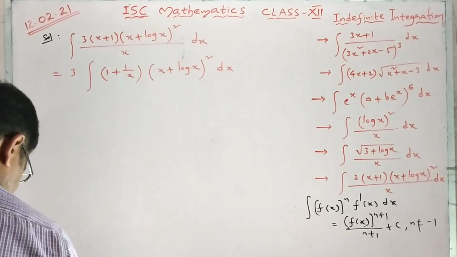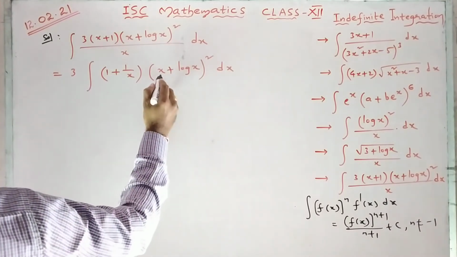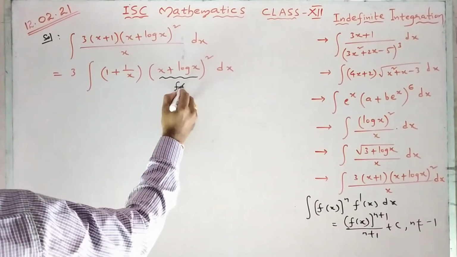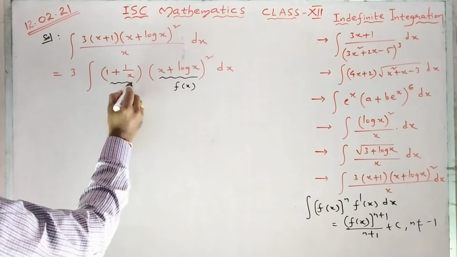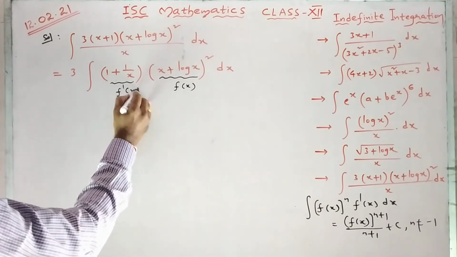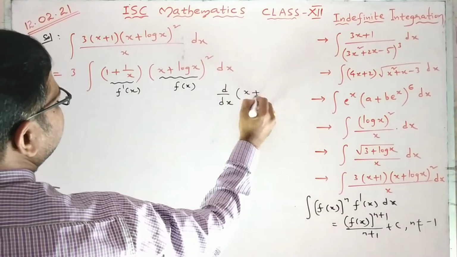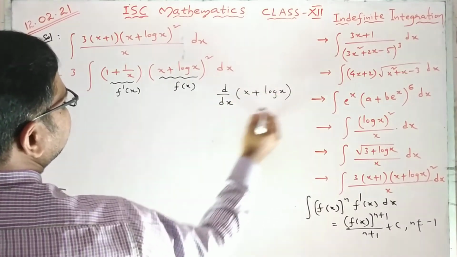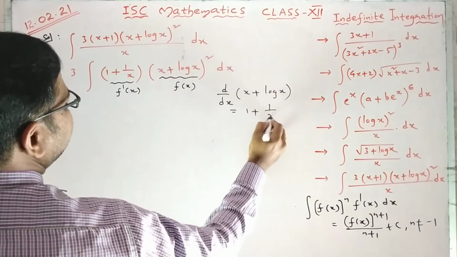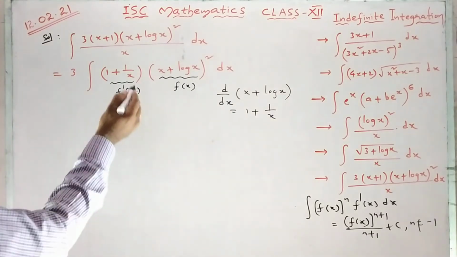Clear? Now, this I will take as f of x. This I am taking as f dash x. Check it once. d by dx of x plus log x equals 1 plus 1 by x. Clearly it appears.